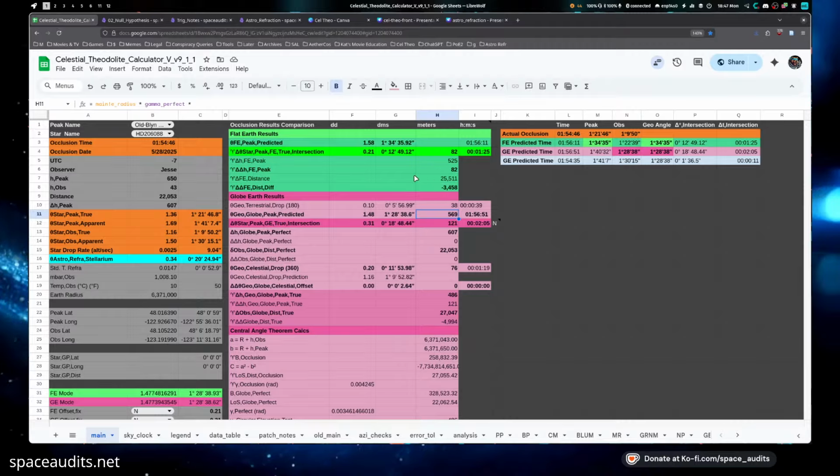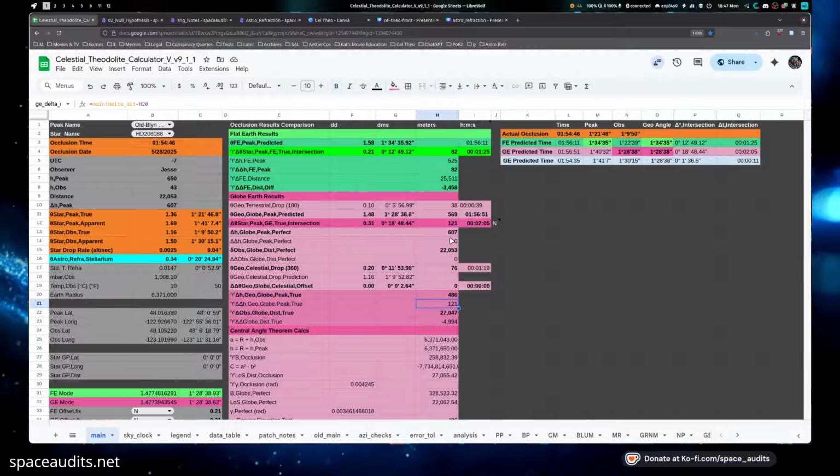But the actual occlusion intersection, we're 12 arc seconds off, which translates to 1 minute 25 seconds of being off. The globe missed their intersection by 18 arc minutes. So even still, where this was set up, it doesn't contradict our results, and it actually shows that.